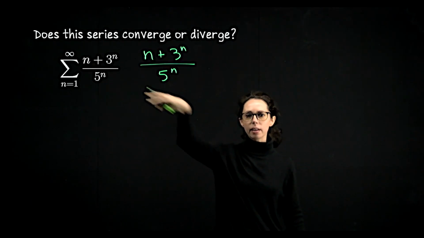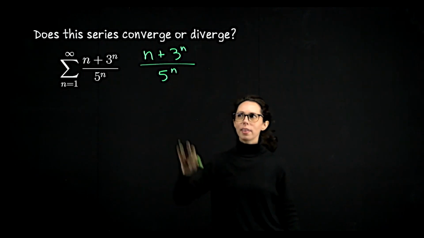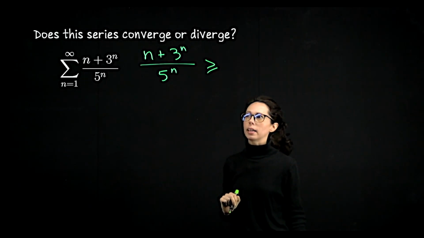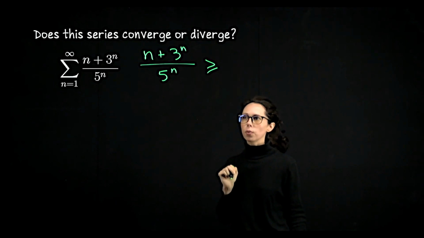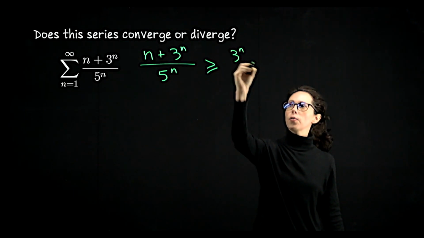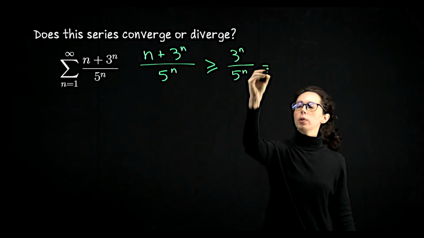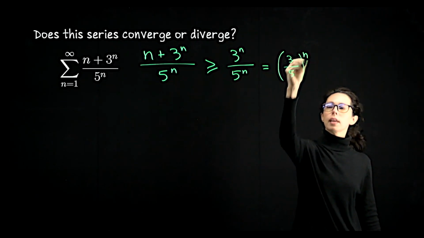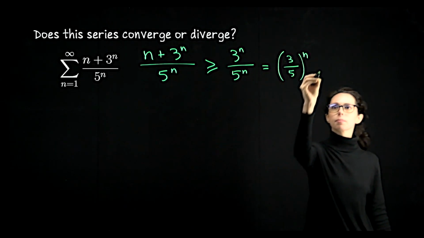If I got rid of the n from the numerator, then I'm losing size. We go down if we get rid of that n. So n plus 3 to the n over 5 to the n is greater than or equal to 3 to the n over 5 to the n, which is 3/5 to the n. And this is a convergent geometric series.